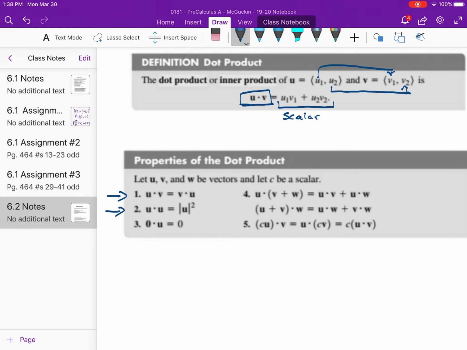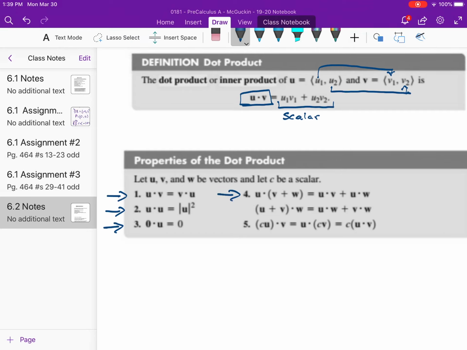What we can say here is that if we take a vector and take the dot product with itself, you actually get the magnitude squared. So you end up with the scalar, which is the magnitude, squared. You take the 0 vector dot any vector, and of course you are going to get 0.